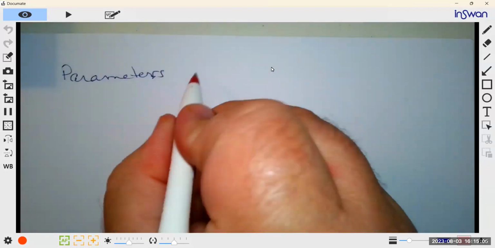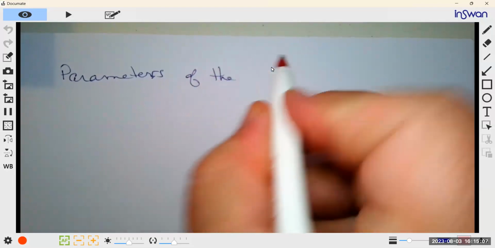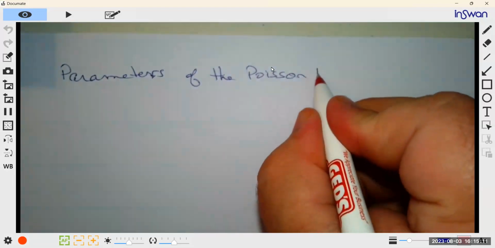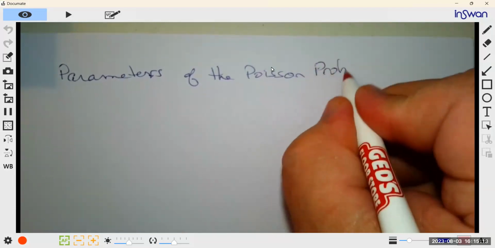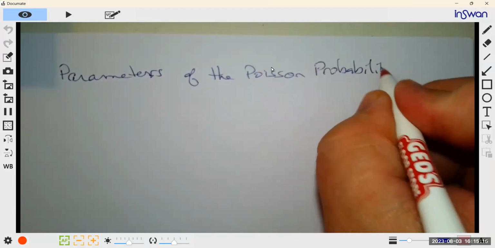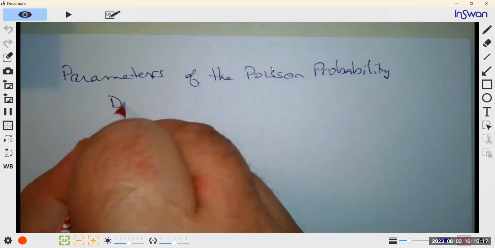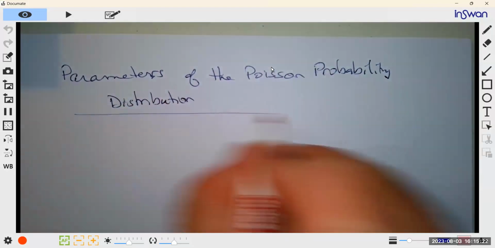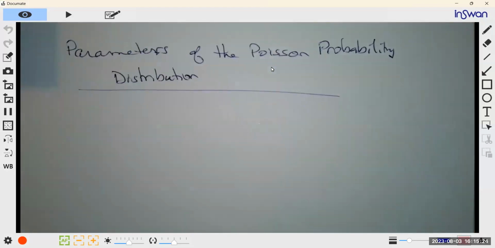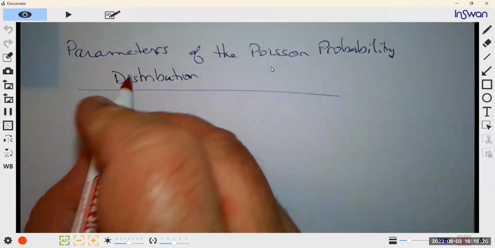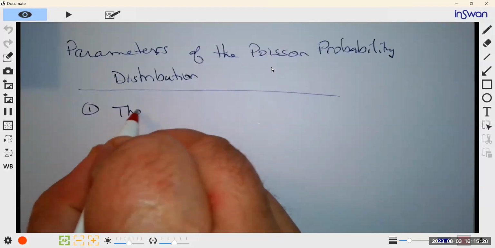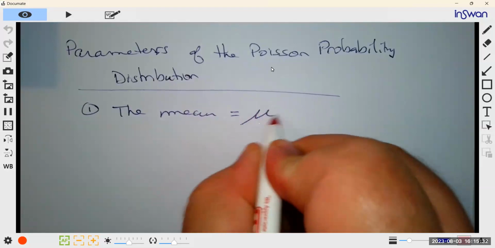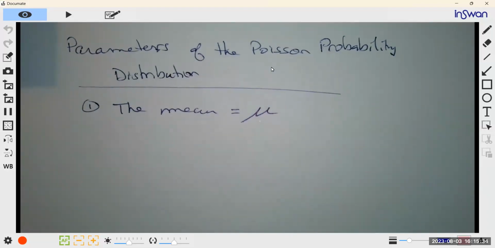The parameters of the Poisson probability distribution, only two of those. The mean is the population mean mu.